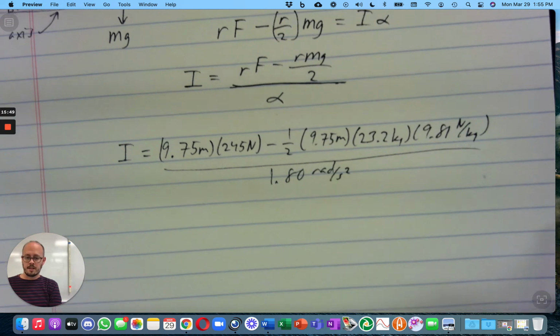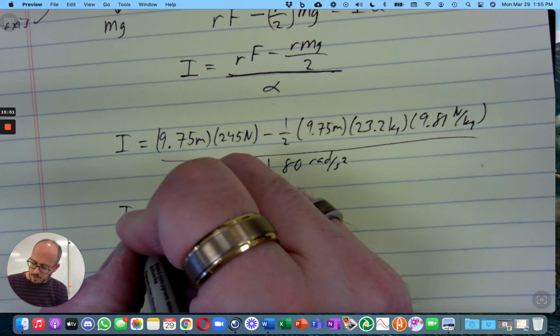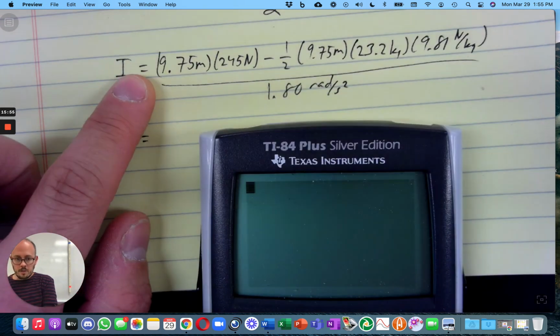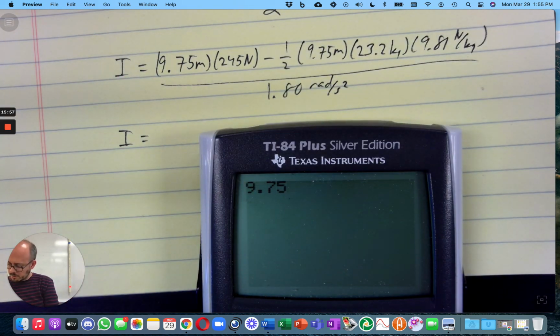So whatever that's equal to, that's going to be my moment of inertia. Okay, so 9.75 times 245 minus 1/2 times 9.75 times 23.2 times 9.81.